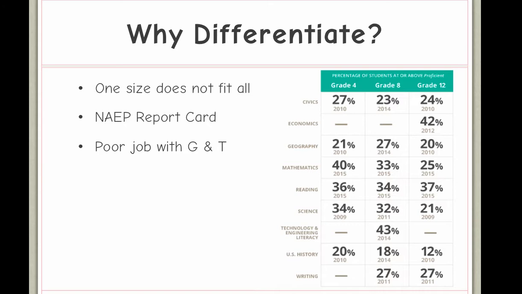I will also say that more than 50% of our gifted students are considered underachievers, and we know that 20% of our gifted students end up dropping out before they finish high school. So what I'm saying is, we can't just pay attention to our struggling students.